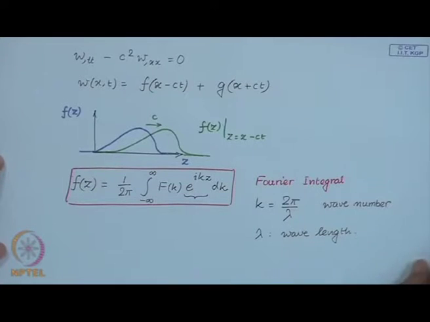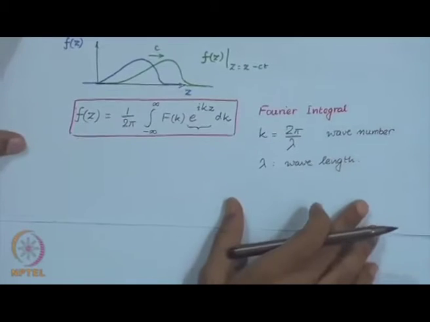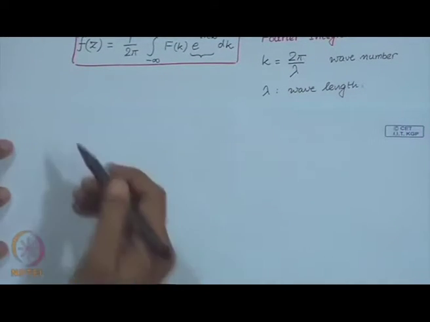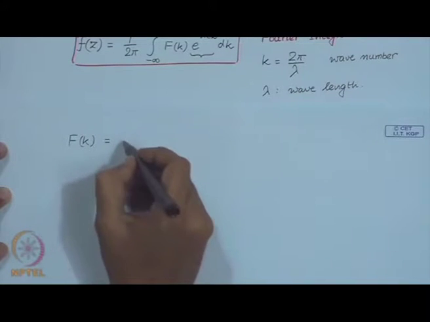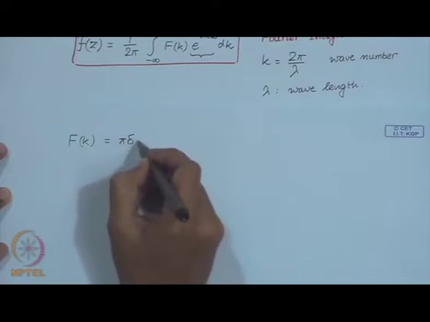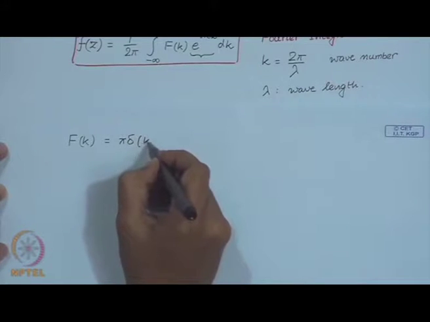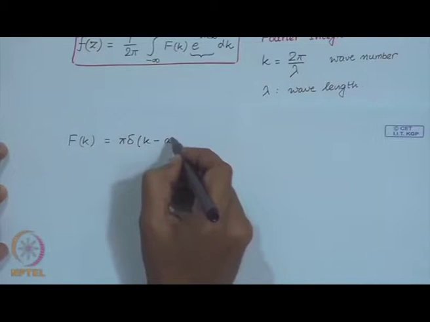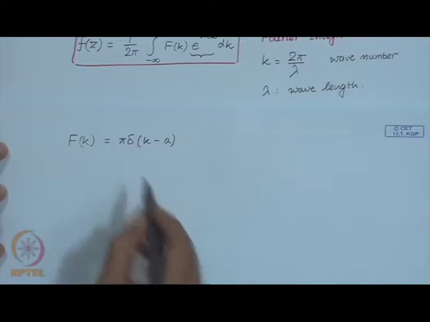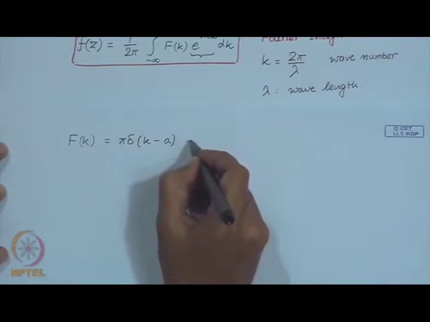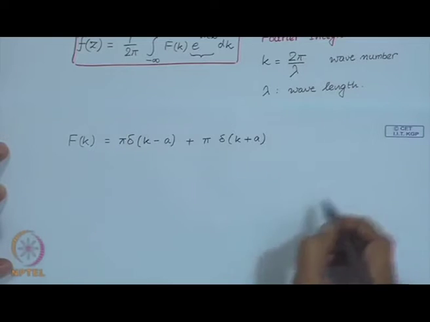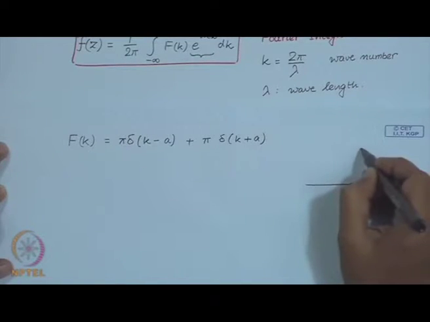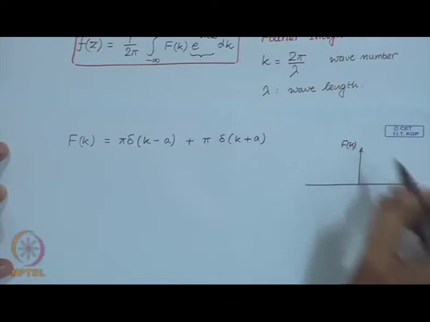So, if you consider a simple example, suppose f(k) is nothing but pi times delta, plus another delta. So, f(k) is a function of the wave number.